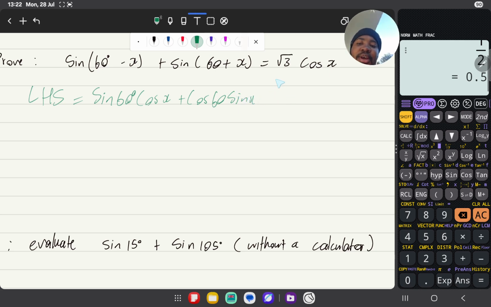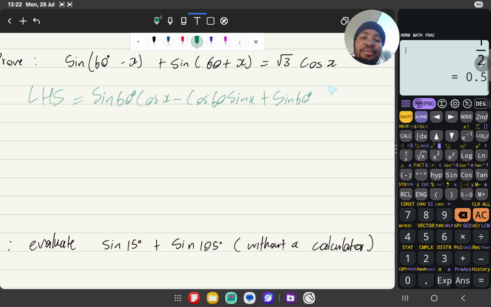Oh no, the sign for sine, it's a negative, therefore it's a negative. For sine, the sign doesn't change.